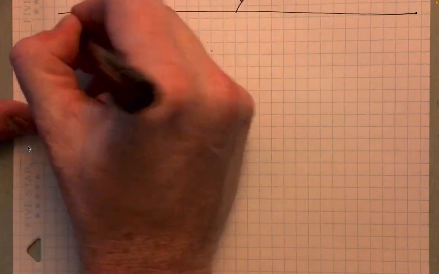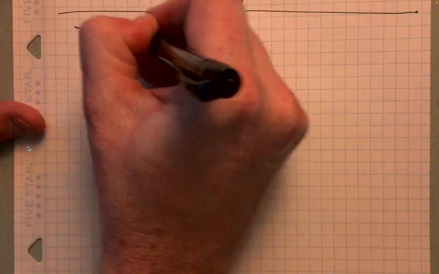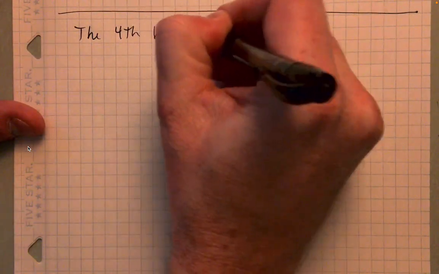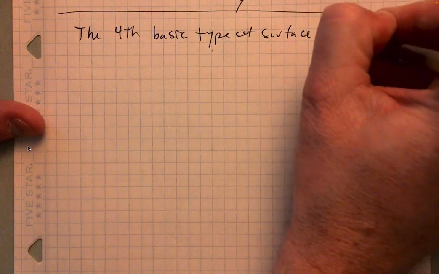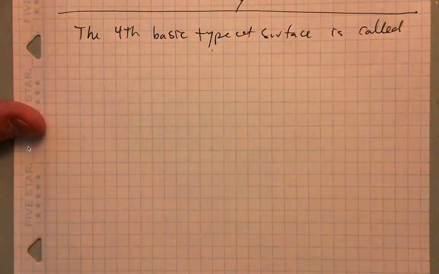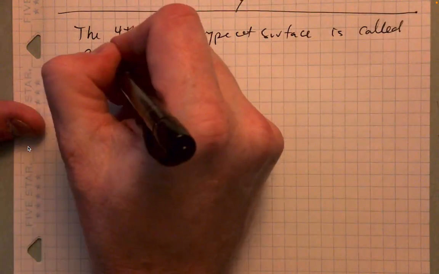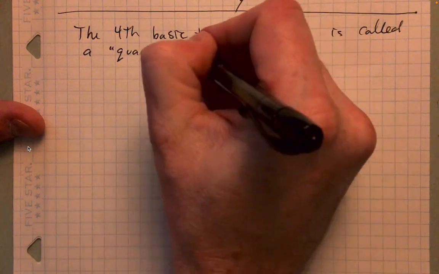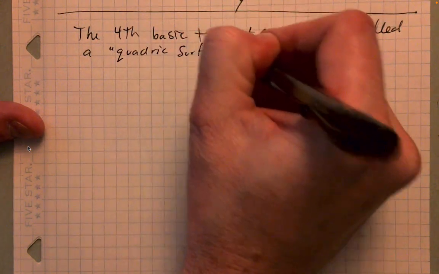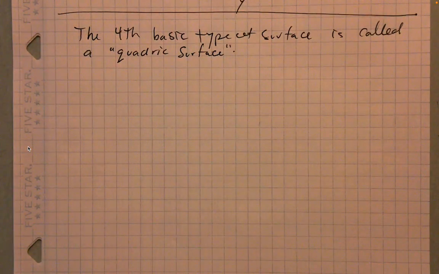Okay, so the fourth basic type of surface is called a quadric surface. Okay, so the quadric surfaces.